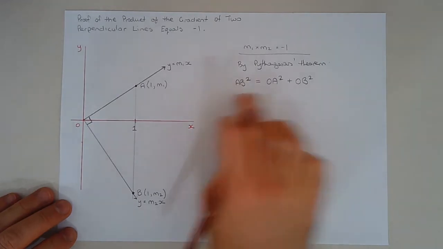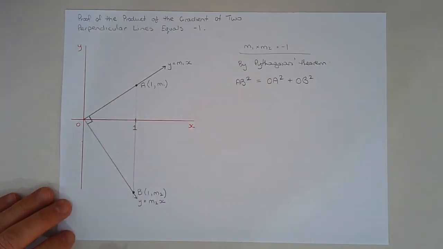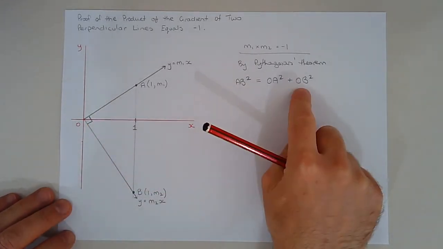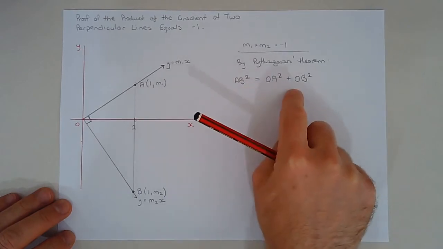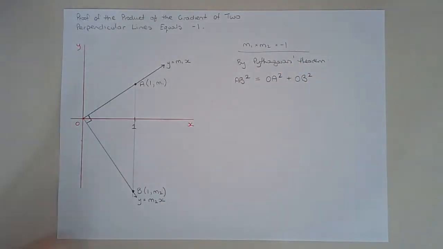We know this holds true because it's a right angle triangle, so we don't have to prove Pythagoras theorem here.